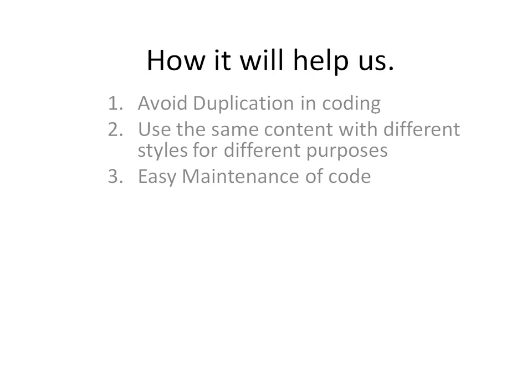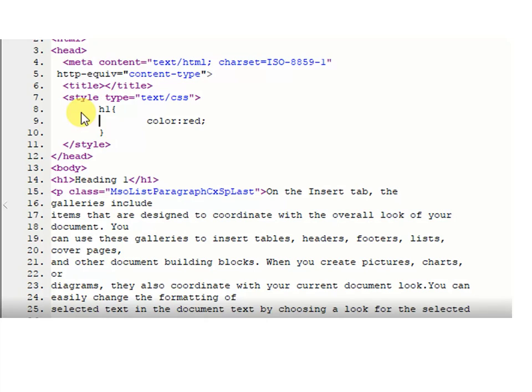Then the second thing is that duplication in code is avoided. For example, if you have thousands of paragraphs or headings in your web page, just add a style tag and add h1, and it will make all of them red.